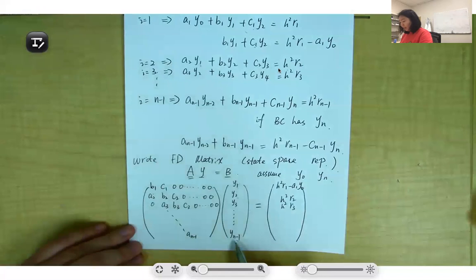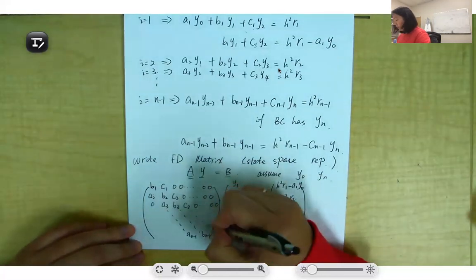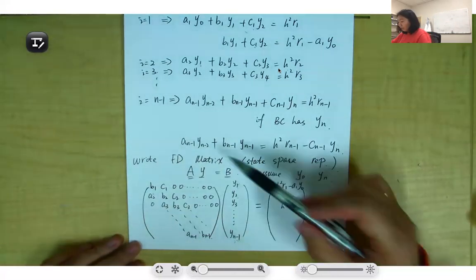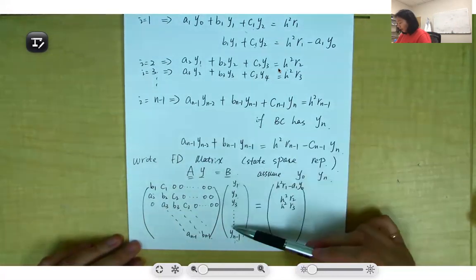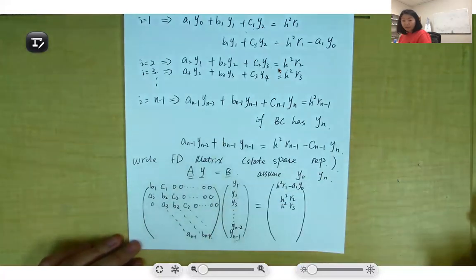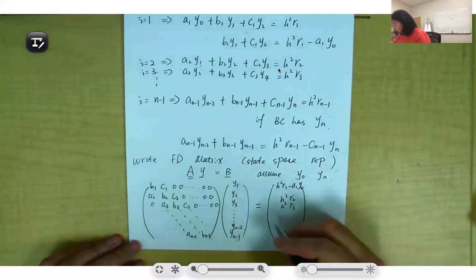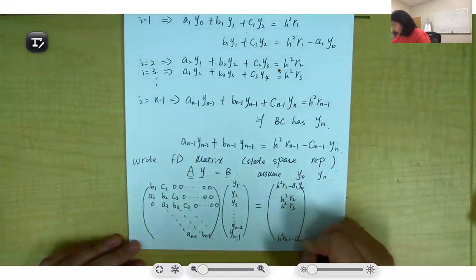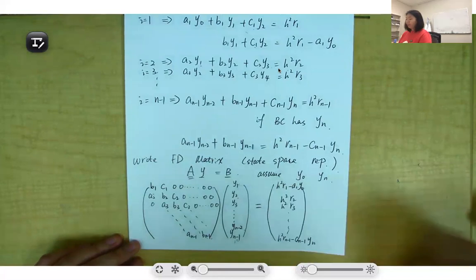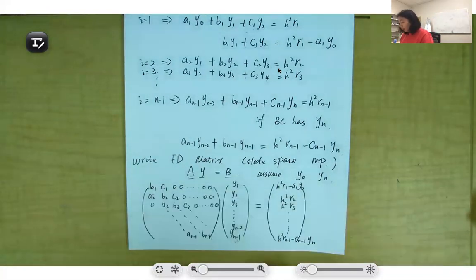That is the last equation, b n minus 1, right? So the last equation will be a n minus 1 y n minus 2, that is the coefficient for y n minus 2, then b n minus 1 y n minus 1, which equals h squared r n minus 1 minus c n minus 1 yn. Okay. So that is the matrix you are trying to solve.